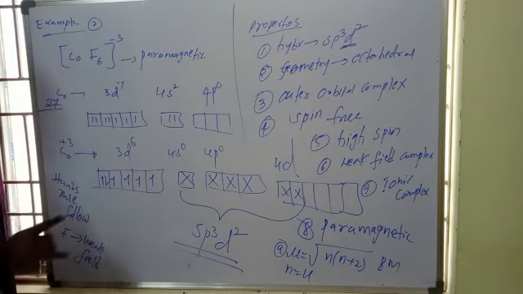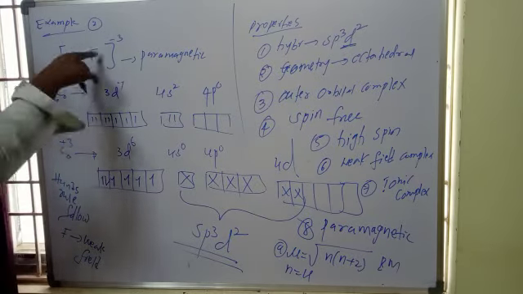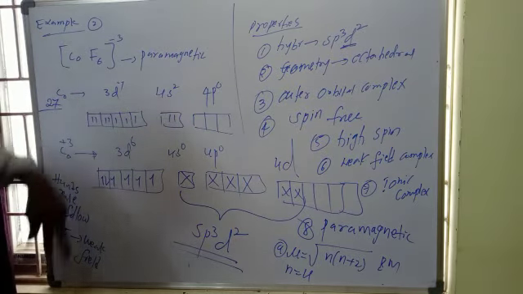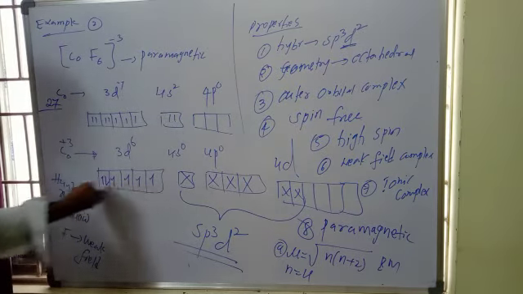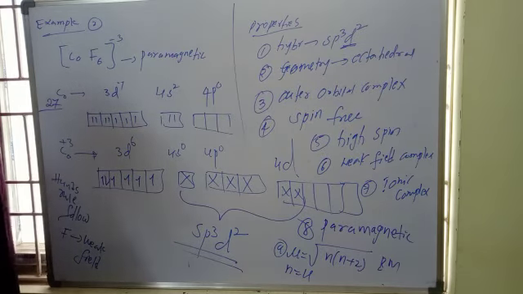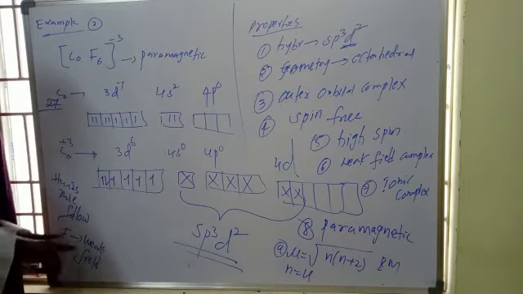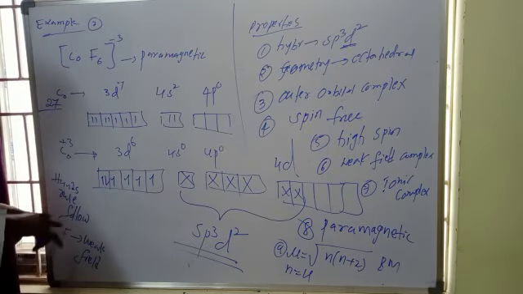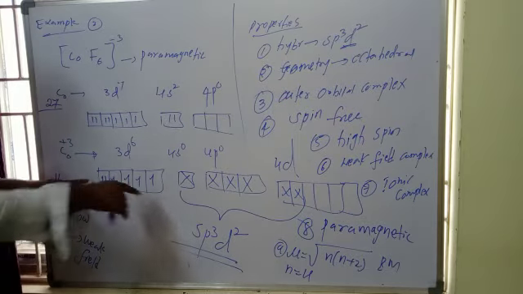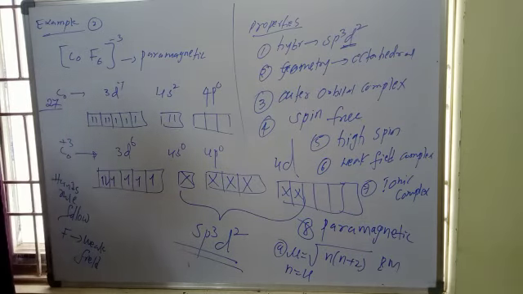Here Hund's rule is followed, because fluorine is a weak field ligand. In the previous case ammonia is a strong field ligand, where all electrons pair up against Hund's rule. But here pairing starts only after completion of the half-filled configuration.